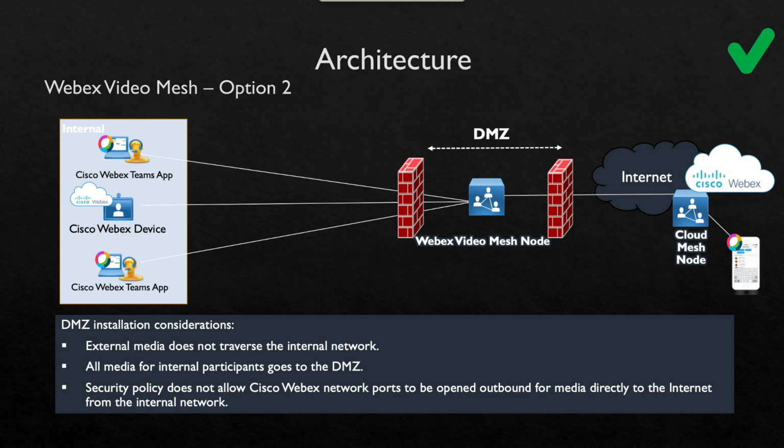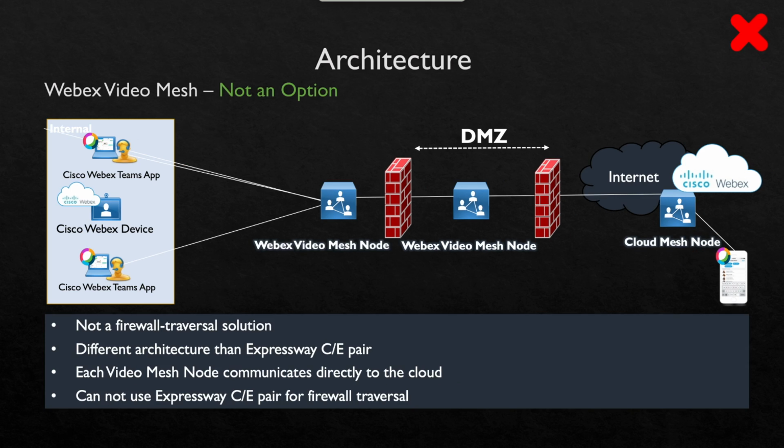Now, you might be saying, well, I want the internal participants to connect to an internal video mesh node. But I like the idea of keeping external participants outside of the internal network, so why don't I put a video mesh node in the DMZ and stick another video mesh node internal? But this solution right here that I just described, this is not an option. It is not a firewall traversal solution. That's what the Expressway core and edge is for.